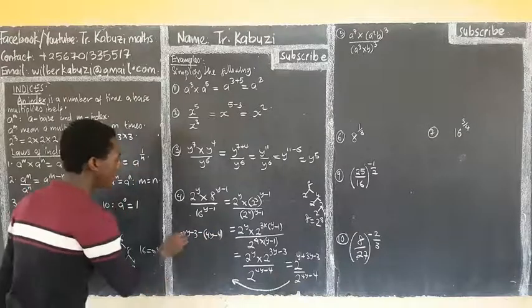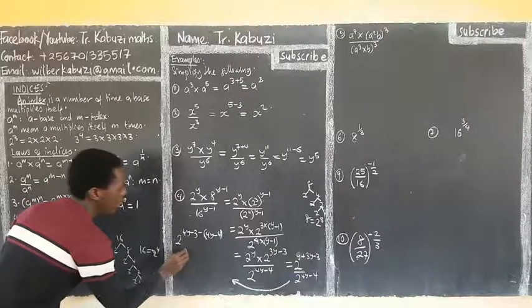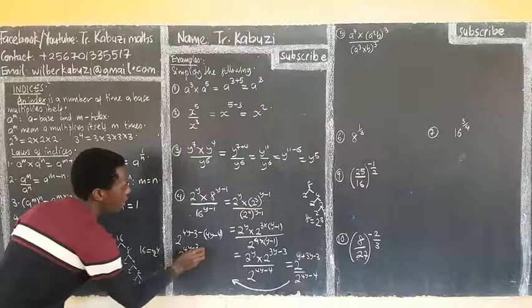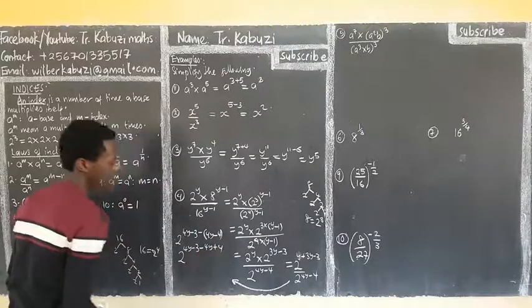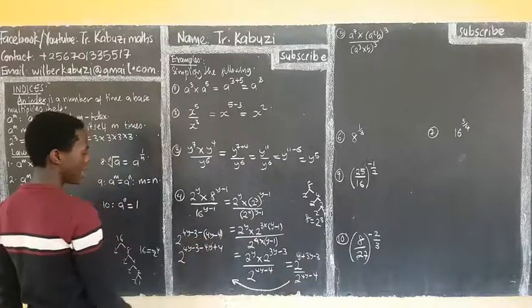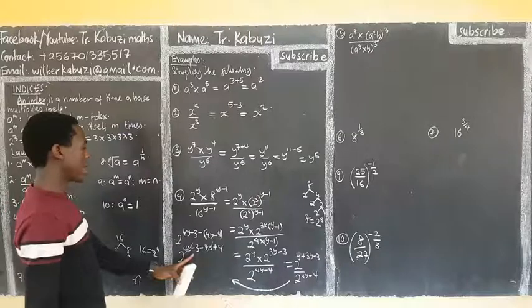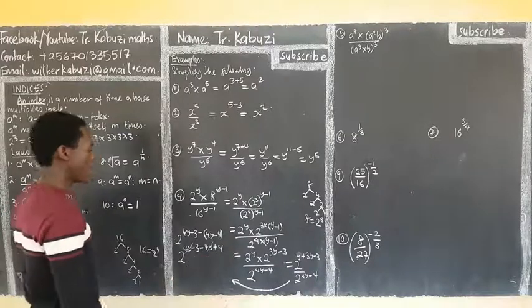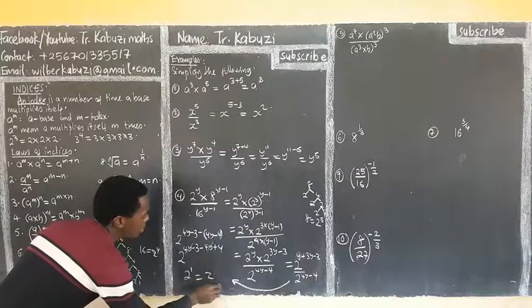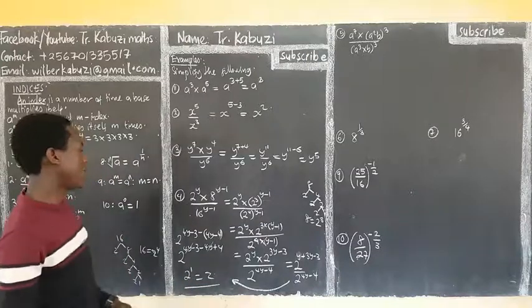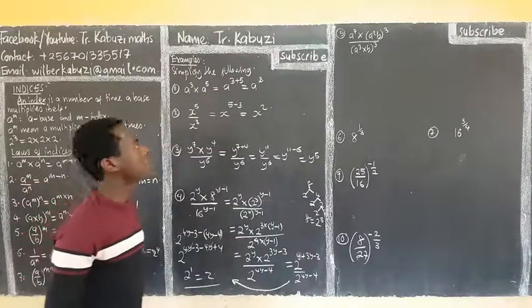So when you simplify, we have now 2 power 4y minus 3 minus 4y, minus to get a positive 4. So this one cancels, negative 3 plus 4, we get 2 power 1, which will be 2. So that's how we simplify that number there, using those properties.